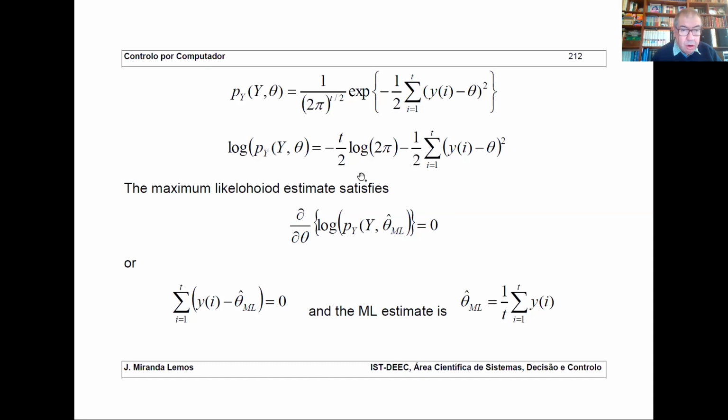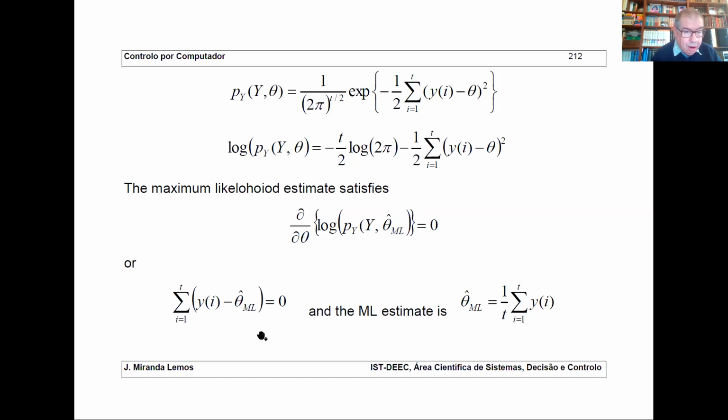And when I compute this partial derivative, this first term disappears. And then this is minus 1/2 the sum of squares. So the derivative of the sum is the sum of the derivatives, and each term is 2 times y_i minus theta. Okay. So if you cancel the factor 2, which is a constant common to all the terms, and you divide by 2, you get just this term.